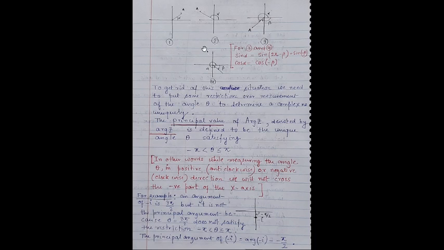So that will be 2 pi minus some beta, say beta. But the fact is alpha is the same as 2 pi minus beta. So that will be minus beta, as it is going in the clockwise direction. So that's a negative angle, represented as minus beta. But the value will be the same.